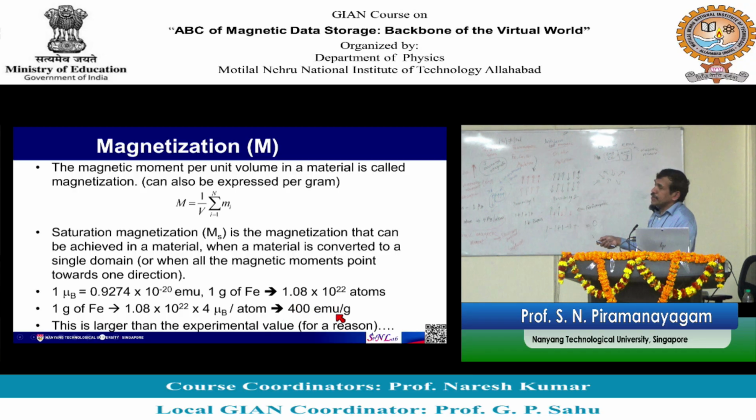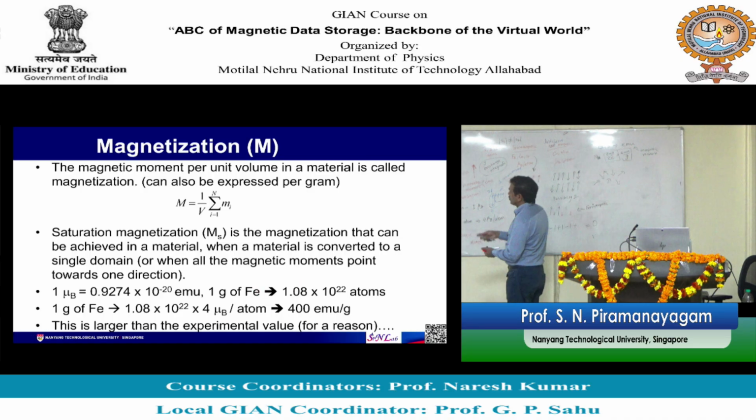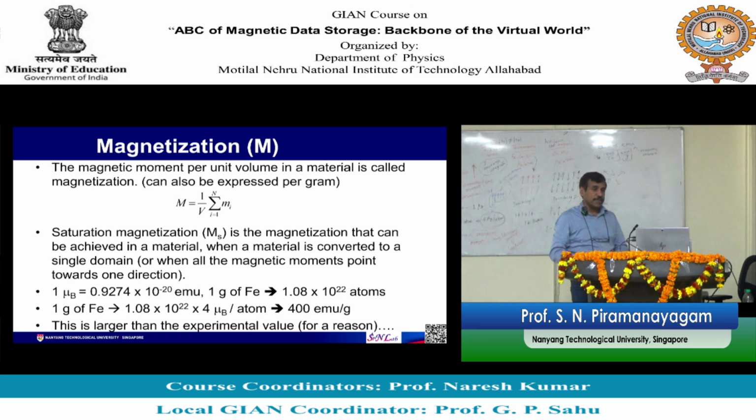So, this is the number that you will get if you just calculate the magnetization of iron based on the concept that we discussed. I told you that iron has 4 Bohr magneton per atom, and if you go with that, then you will notice that the magnetization of iron is 400 EMU per gram, but this value is larger.